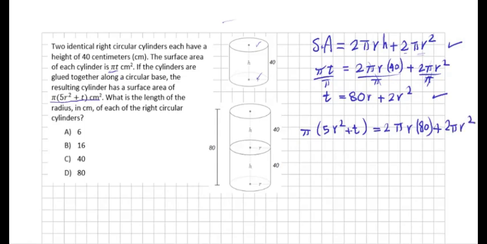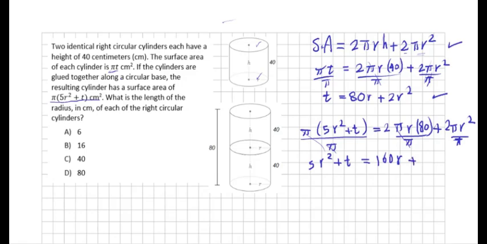We can also divide by pi on both sides, for all the terms in this equation. This gives us 5r squared plus t equals 2 times 80, which is 160r, plus 2r squared, because pi cancels pi.